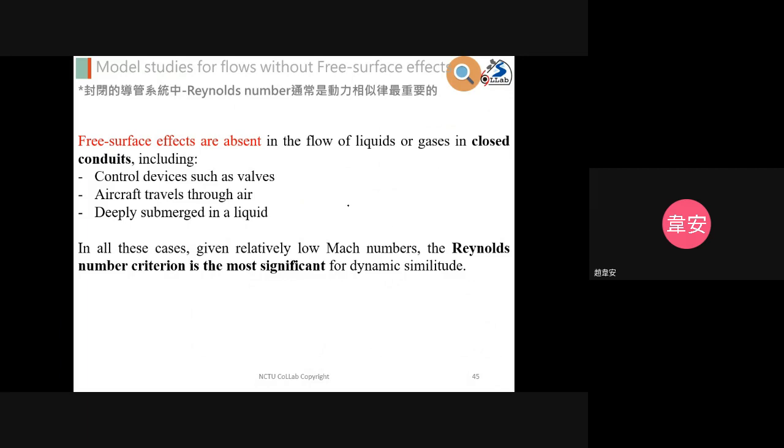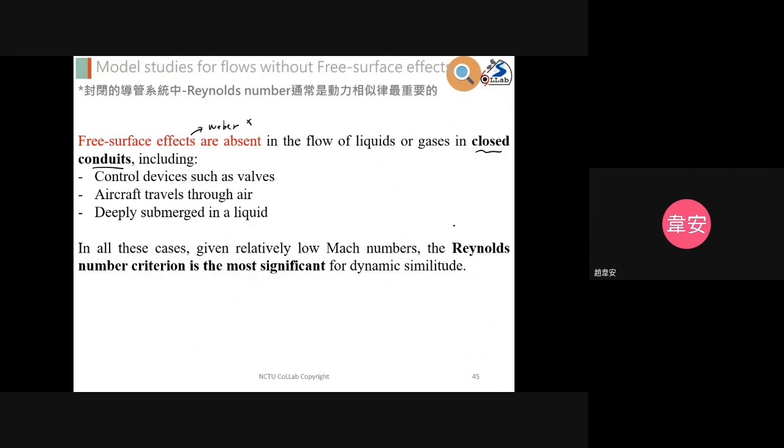And the slide just summarizes that if our problem is always in the closed conduit, then we don't have the free surface effect, so we don't need to consider the Froude number. And for this kind of problem, usually we assume the model is conducted at relatively low Mach numbers.